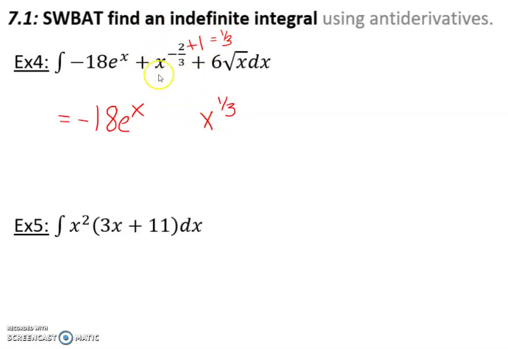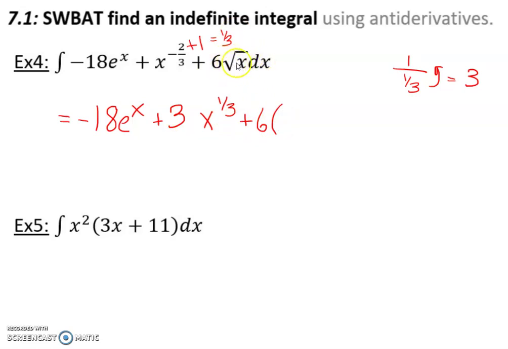And then when you take the coefficient of 1 and divide it by 1/3, instead of writing 1 over 1/3 like this, it reciprocates, and this becomes 3. So this is going to be plus 3x to the 1/3 plus 6 times, you probably have memorized this, or I recommend that you do.